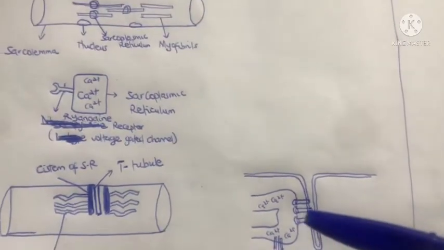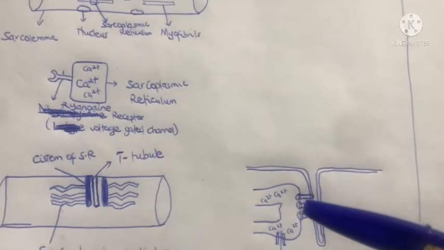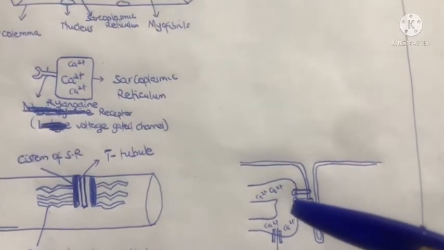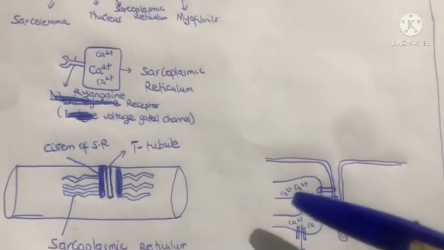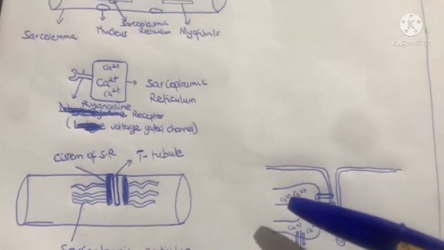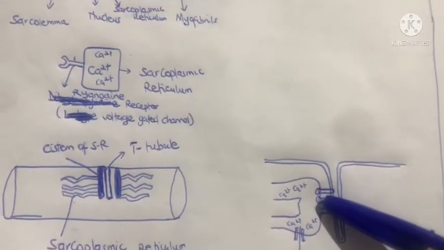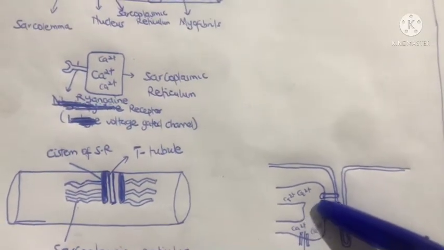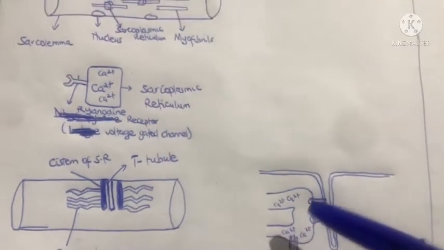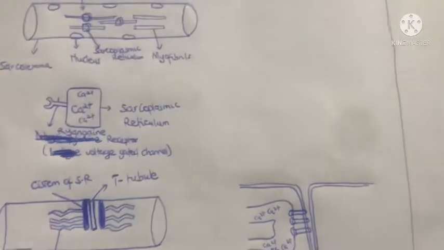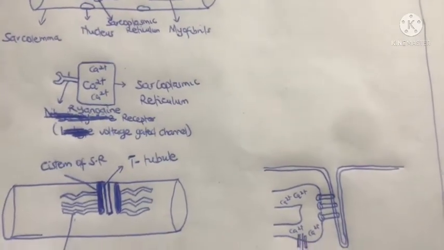And these dihydropyridine receptors are mechanically linked to the ryanodine receptors of the sarcoplasmic reticulum. So you can see that the dihydropyridine receptors are mechanically linked to the ryanodine receptors, and through that they cause the ryanodine receptors to also receive the stimulus.